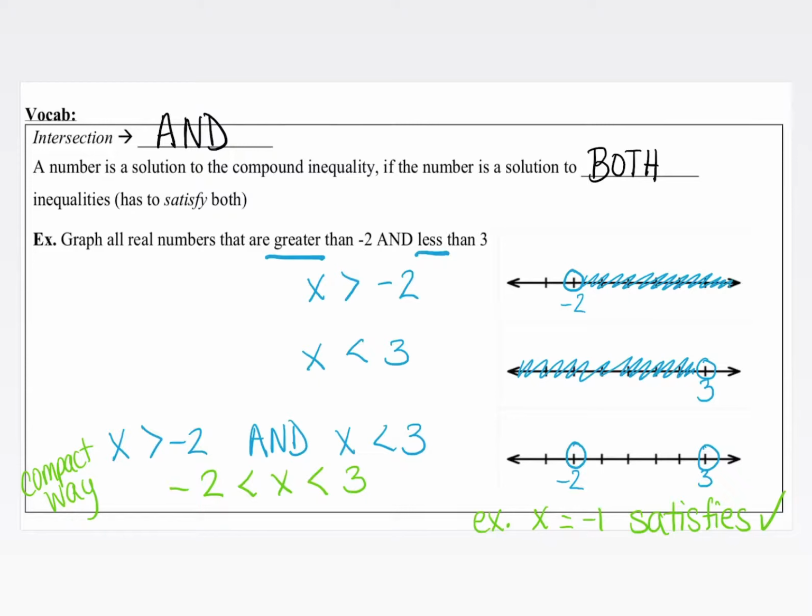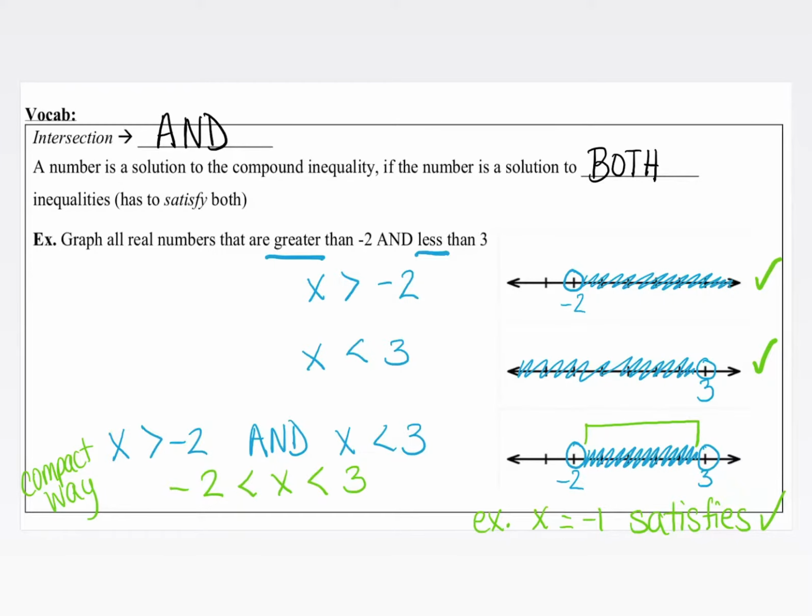In fact, all of the values that are in between -2 and +3 will satisfy this. And this can include both whole numbers and also decimals and fractions. If we look back to our two graphs and we were to actually put them on top of each other, the part that would be shaded together that would cover for both graphs is this section right here.